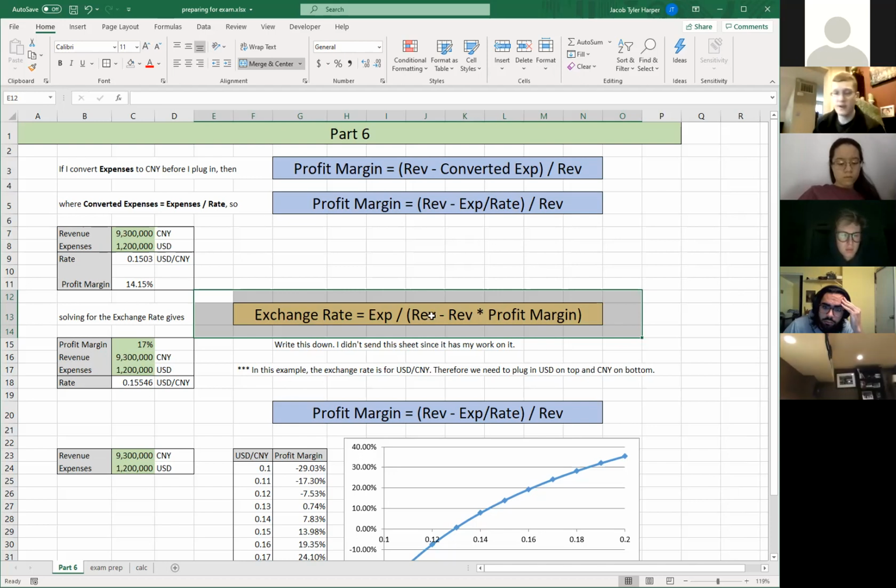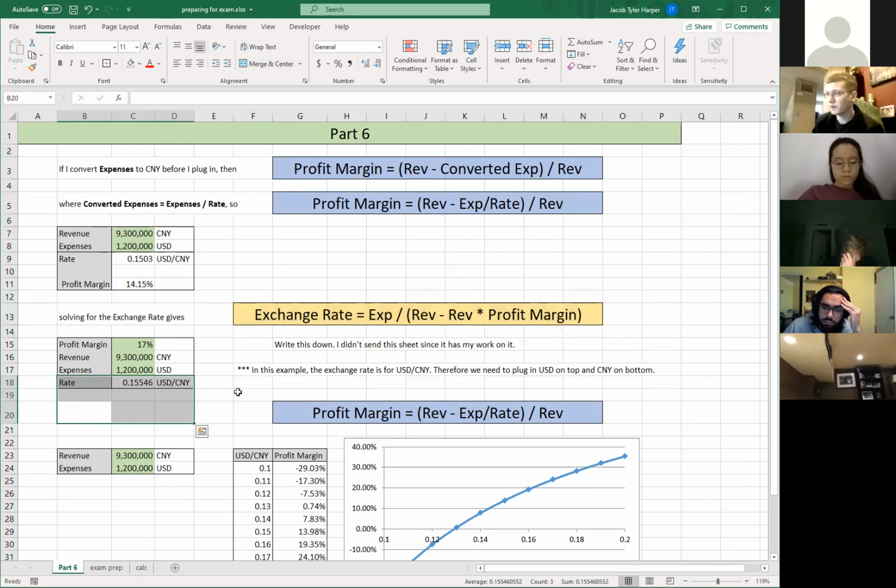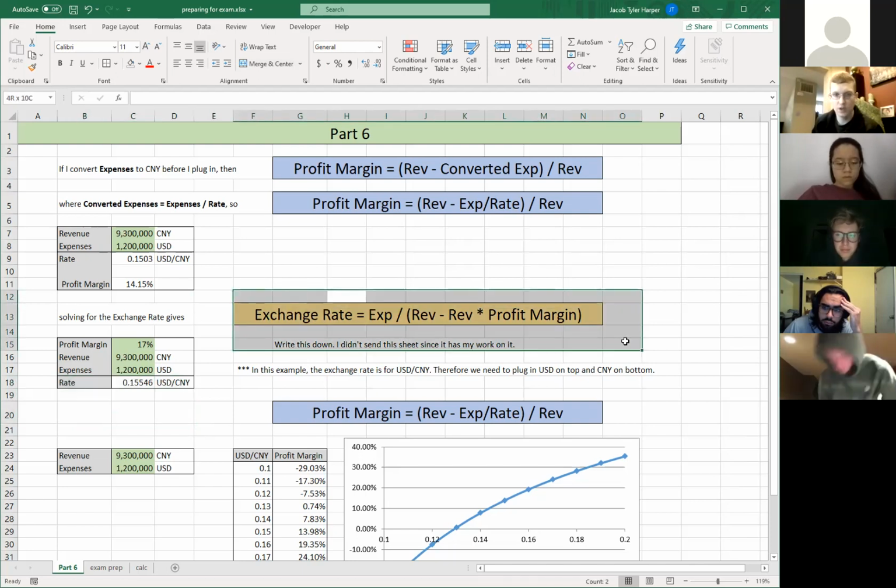One thing I do want to point out with this formula: notice that the answer is in terms of USD over CNY. So when you're plugging in stuff to this formula, you need to plug in USD on top, so expenses should be in terms of USD, and CNY on bottom, so revenue should be in terms of CNY.